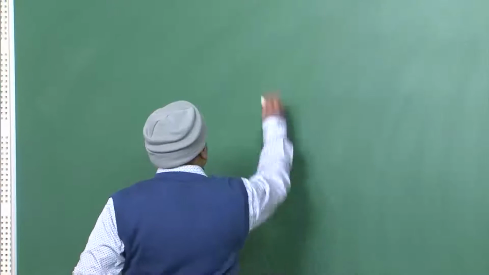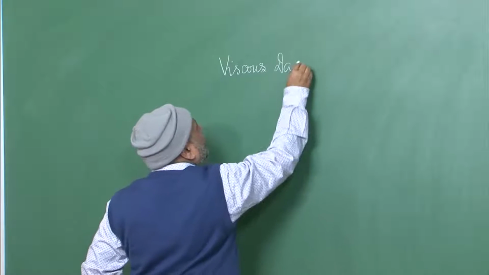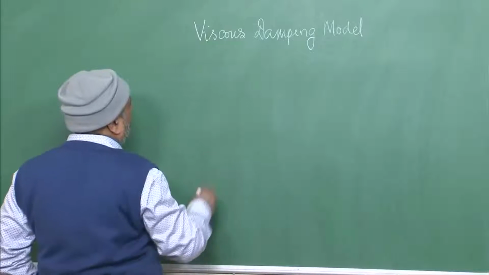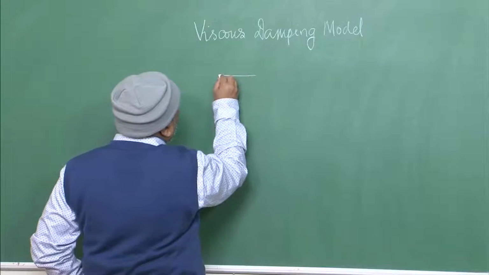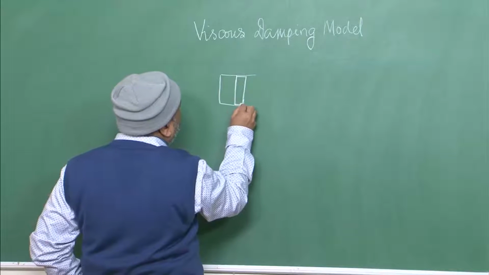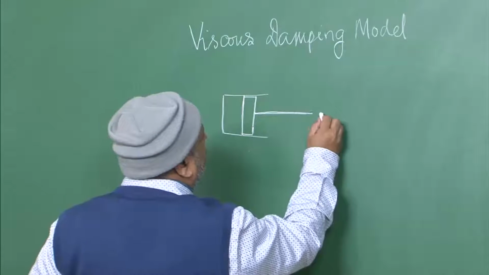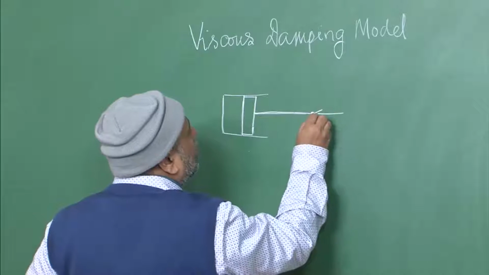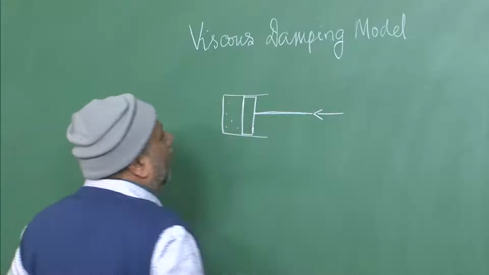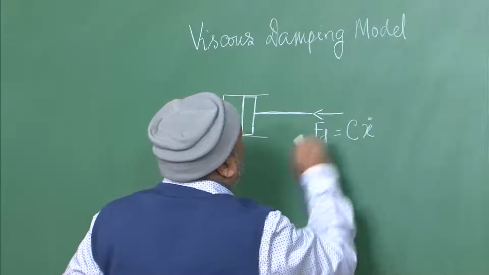So, when we talk about the viscous damping model, here we are talking about the damping force which can be modeled in terms of a piston and a cylinder, and whenever you are trying to give a driving force to the cylinder, you are going to get a resistance inside the viscous fluid, and this viscous force will be proportional to the velocity.